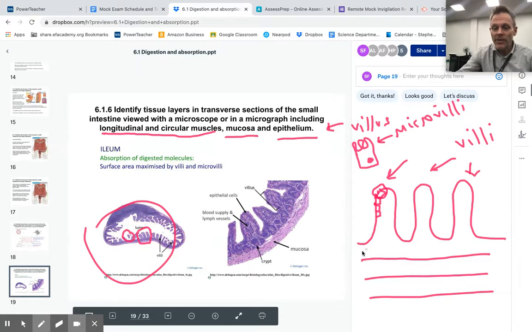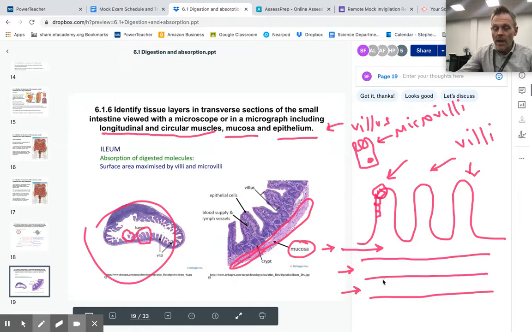Directly underneath the villi, this area right here is called the mucosa layer. In this image, it's all of this lighter purple. So in this image, that would be the mucosa layer. Underneath that, we have our two groups of muscles.